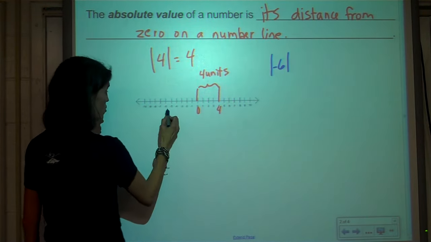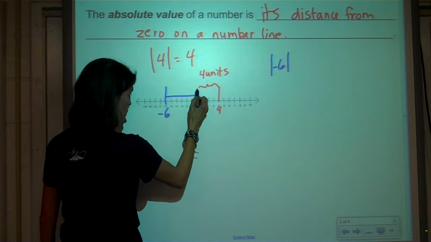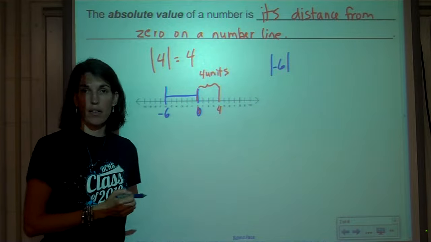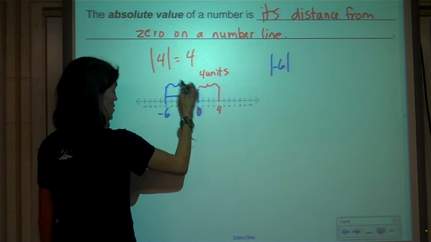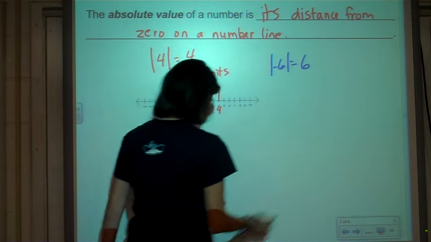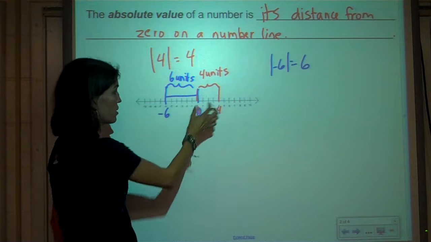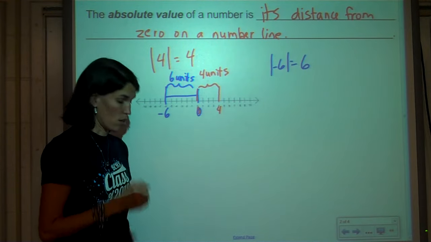How many units away is -6 from 0 on a number line? That would be 6 units. So the absolute value of a number is always positive because it's always the distance from 0 on a number line.